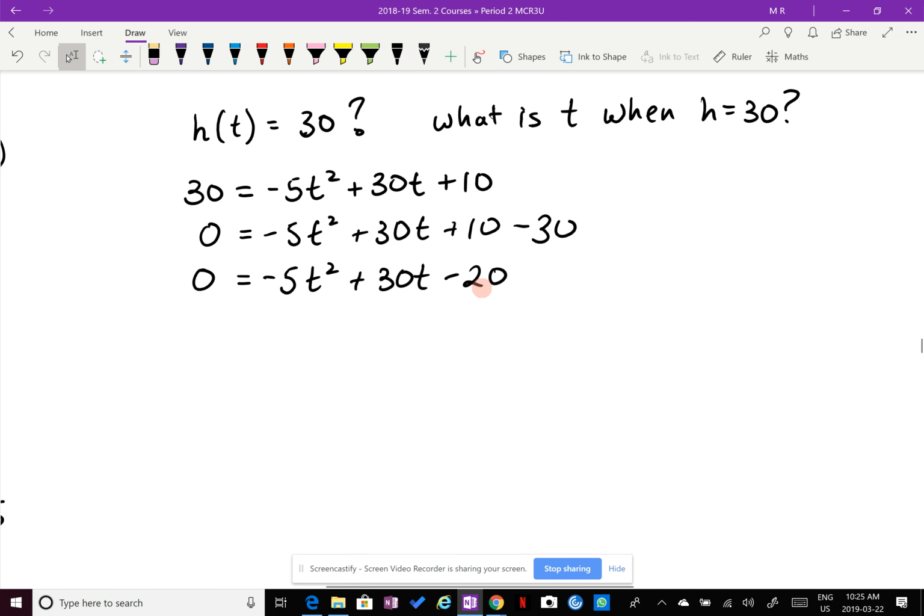Okay, so I'm going to use the quadratic formula again to solve for t. So t equals, can we factor it? We can factor out, yeah, you could factor out -5, sure.